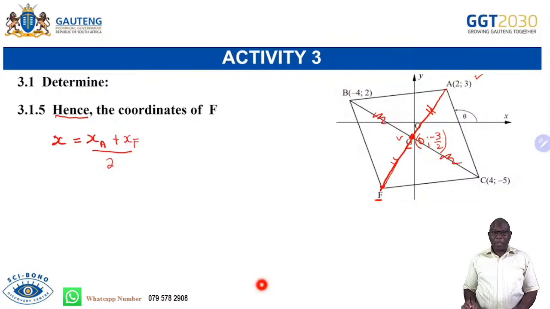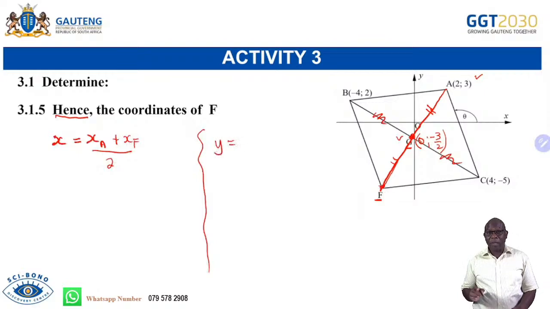Remember, if I need to find the other endpoint, I have to do it this way. The other one on the side will be y equals, remember, I don't need the midpoint now, the midpoint is given. So if the midpoint is given, then I need to use this formula: y at A plus y at F all over 2.